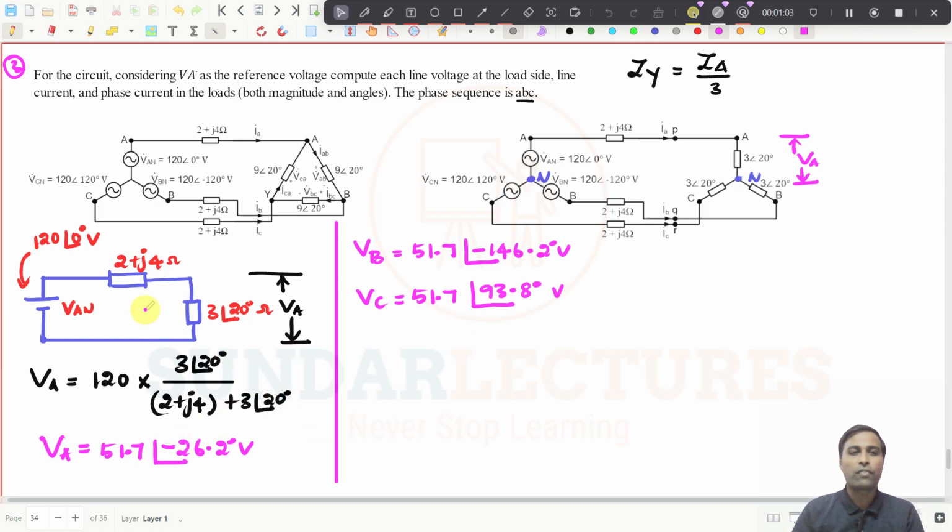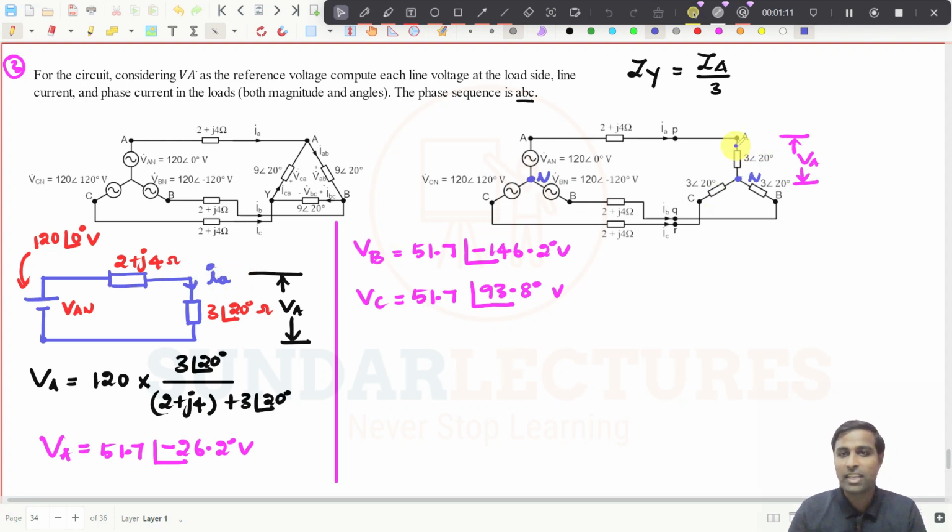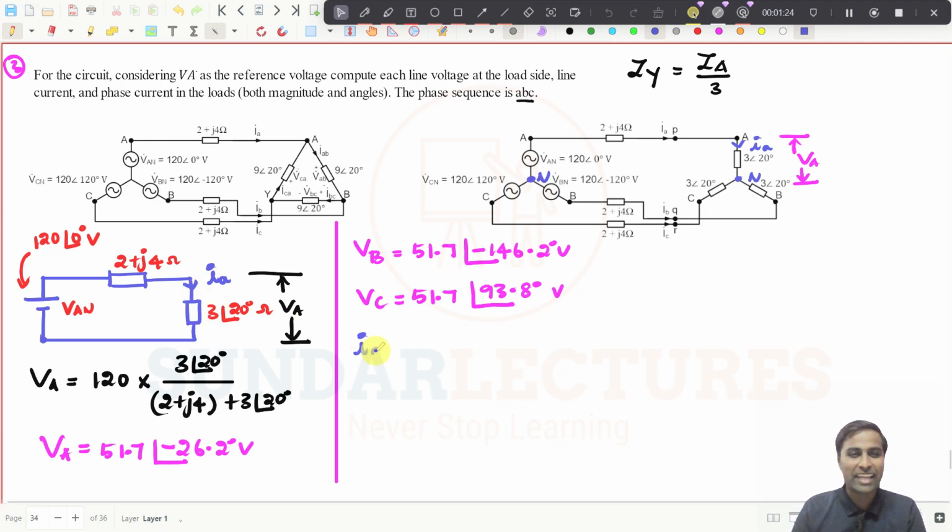Now if you want to find the current, I will take it as IA, the current flowing here. That is the phase current, because this is a star connection. What will be IA? Again it is simple.